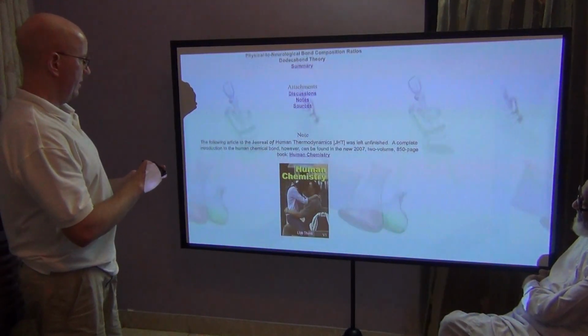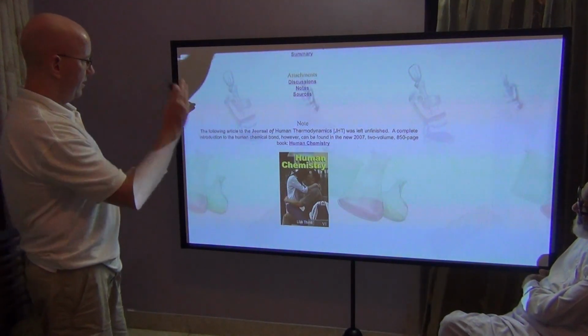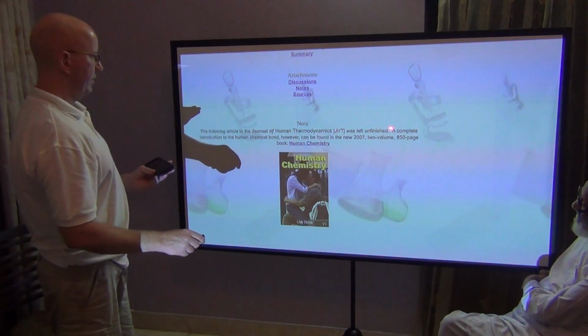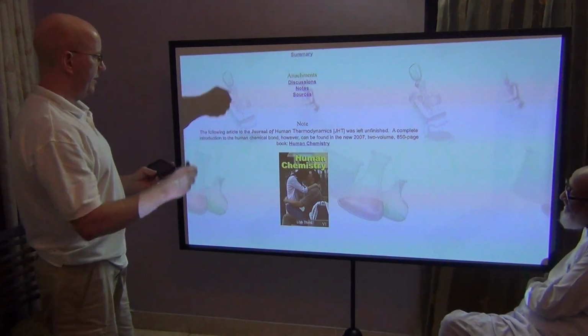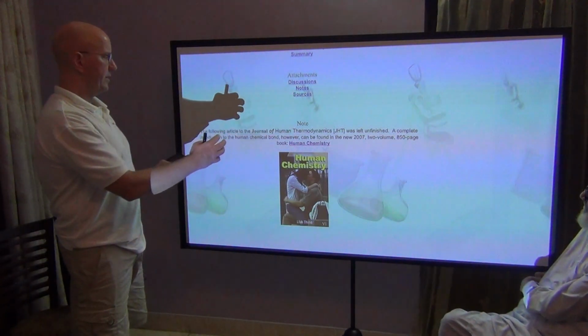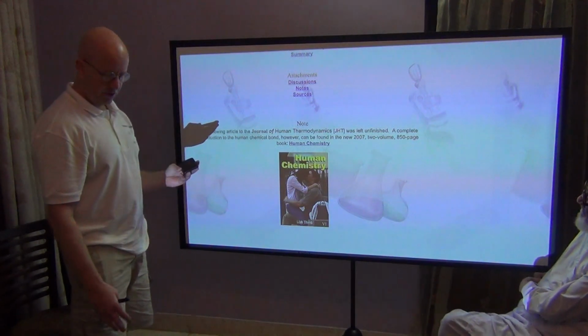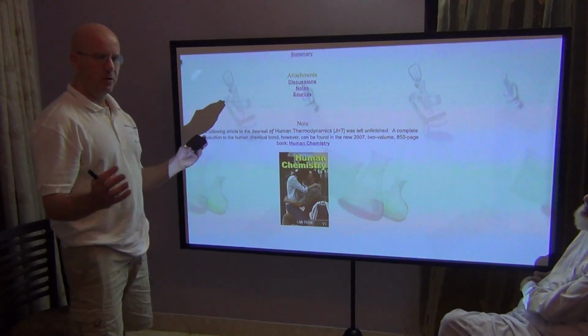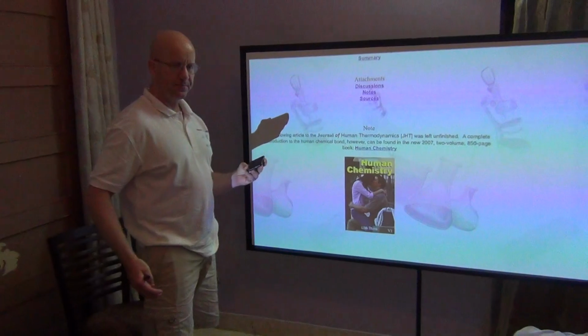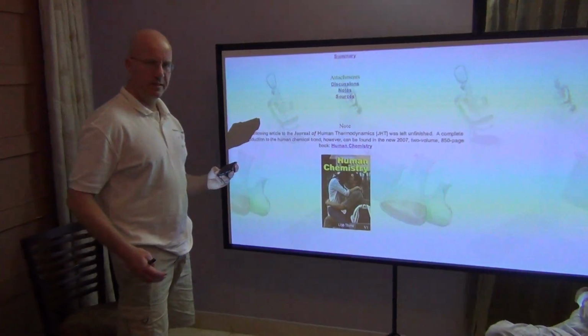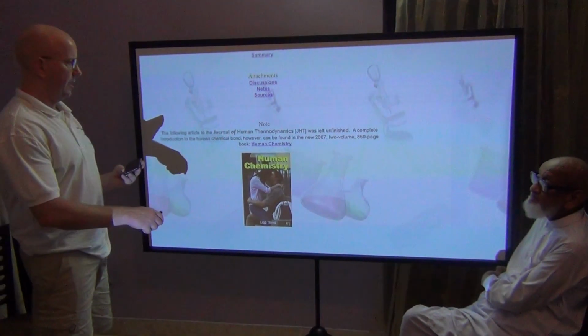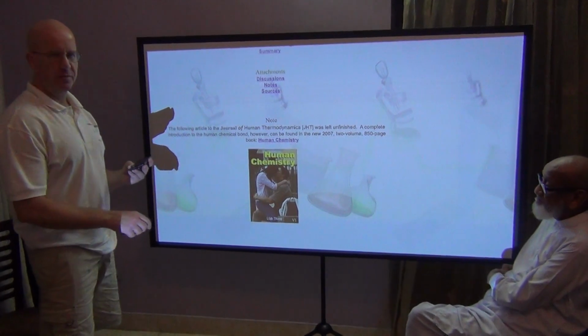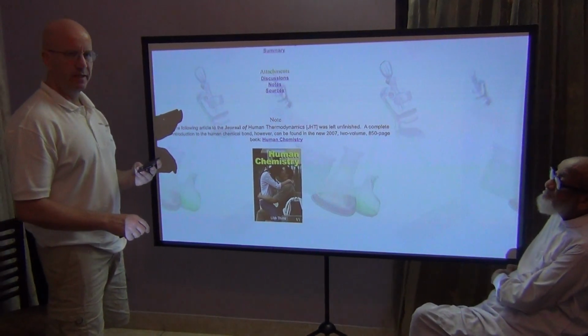It started with this article, and the article was left unfinished. I had also discovered Goethe in 2006, and those two things compelled me to write the first textbook on human chemistry. So that's where that came from.